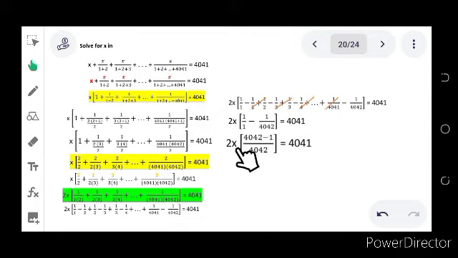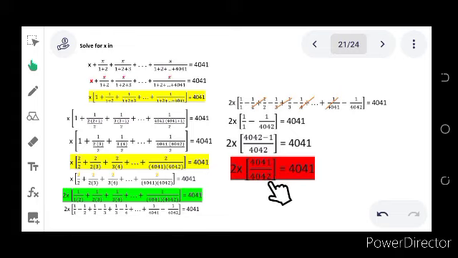That becomes 2x times (4042 minus 1) all over 4042 equals 4041. Simplify, you get 2x times 4041 over 4042 equals 4041. Then we solve for x. We multiply by 1/2 to cancel out 2.